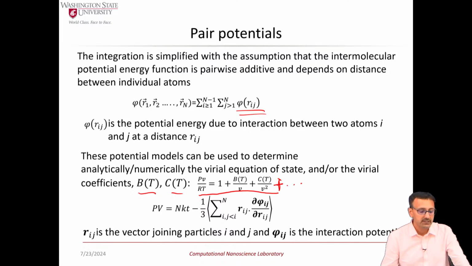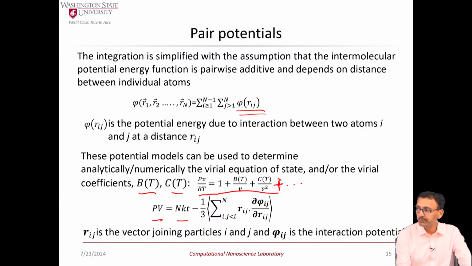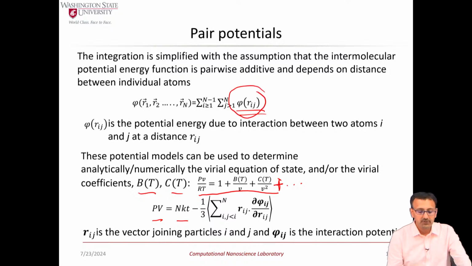So if you have certain boundary conditions of pressure, volume, and number of particles in the system, and you are able to specify this pairwise potential or interaction function, then from that you can model the system to calculate either its constitutive relation in terms of the virial equation of state, or the virial in terms of the stress tensor per atom that constitutes that particular system. Okay. So this is pretty powerful.